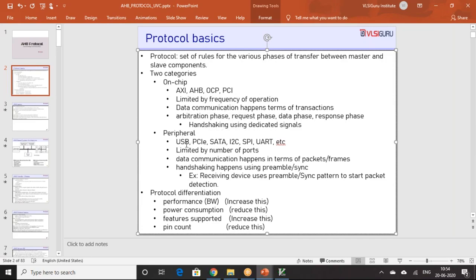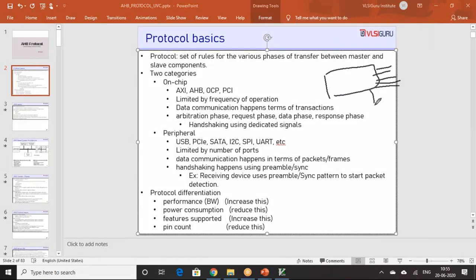In case of peripheral protocols, what are the examples of peripheral protocols? USB, PCI Express, SATA, I2C, SPI, UART. These are all examples of peripheral protocols. The major limitation of peripheral protocols is they're limited by number of ports. Because peripherals come outside the chip.